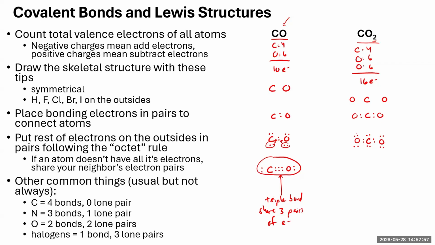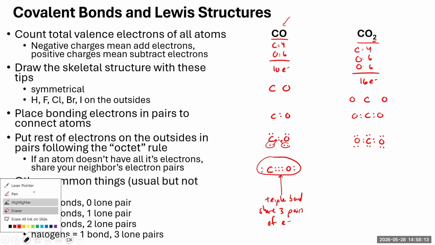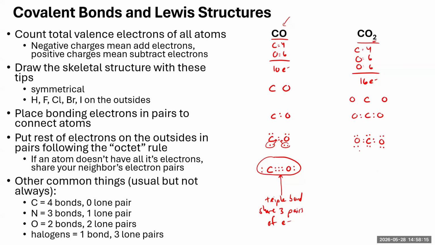Well, this oxygen is not happy. It only has 6. This oxygen is not happy. It only has 6. This carbon is happy because it has 8. So what we need to do is, since the oxygens are not happy with their 6 electrons, they have to share with the carbon. All right, so then it looks like this.